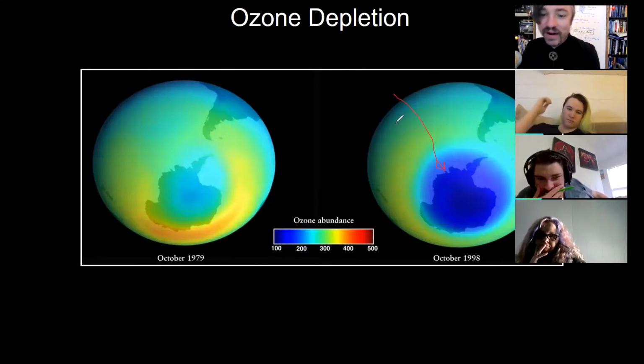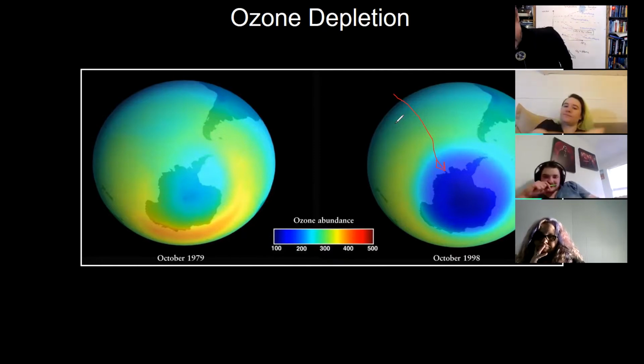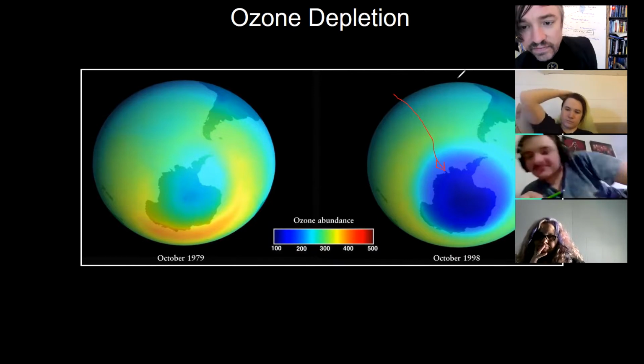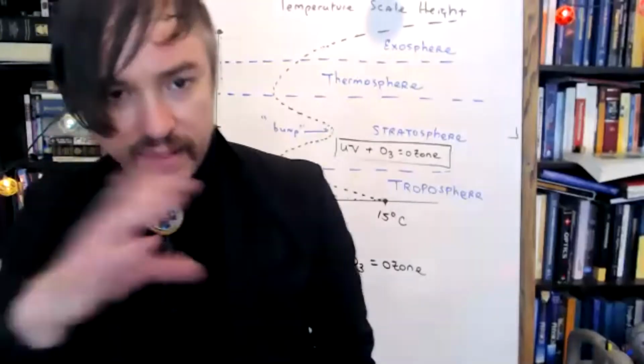Can anyone think of a reason why that's not good? Melting. It melts. Yeah, all that ultraviolet flux is going to hit those ice caps, and that's not good for us. I don't have a graph showing you its current level, but it has since gone back up thanks to regulations on chlorofluorocarbons. Now, this problem is only tangentially related to today's global warming climate issues.